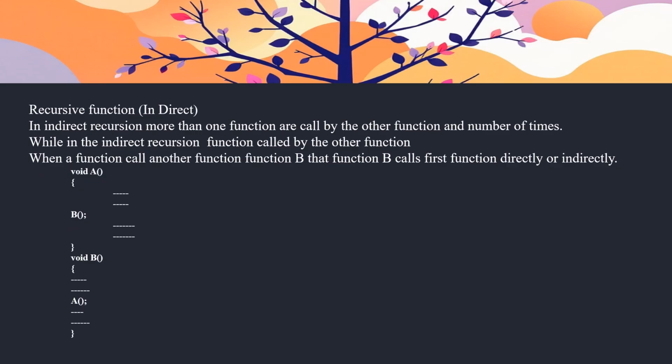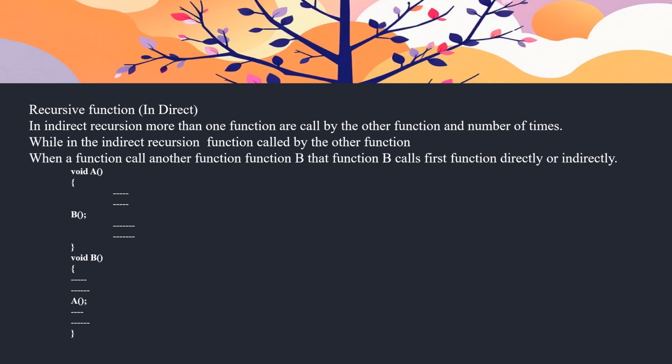Next one is indirect recursion. What is indirect recursion? In the body of A, we are calling the B function. In the body of B, we are calling the A method.